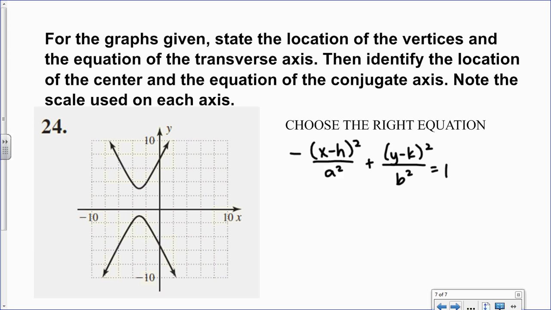State the location of the vertices. Okay, so here are my vertices. Each grid line counts by 2, because that's why they have 10 labeled here. So my vertices would be (-3, -1) and (-3, 3).